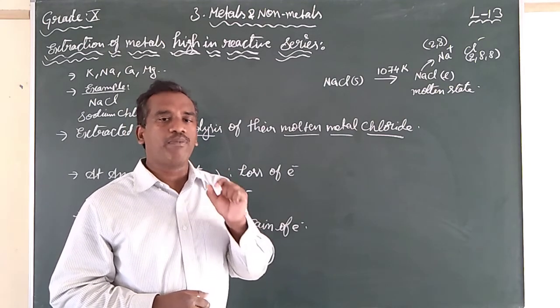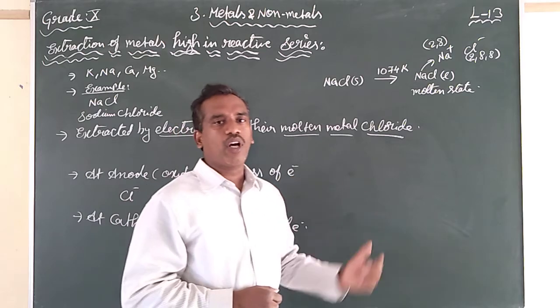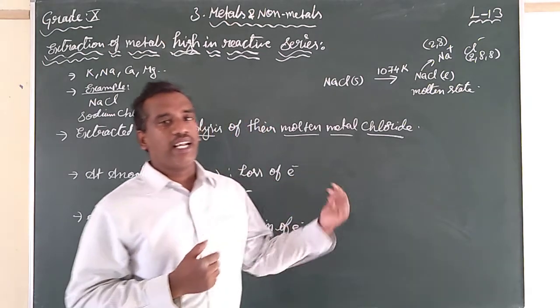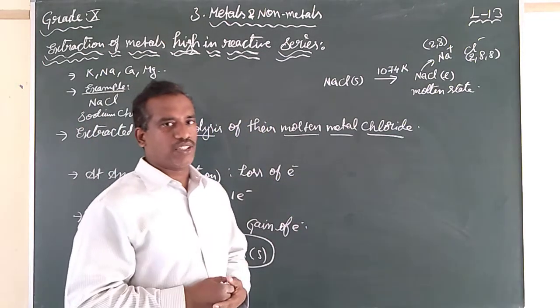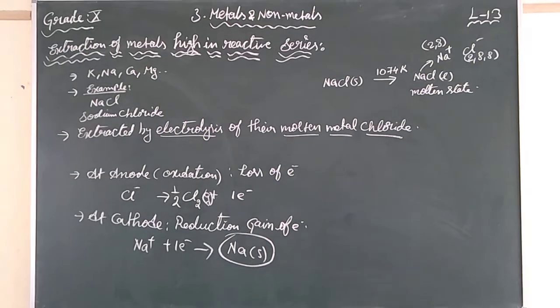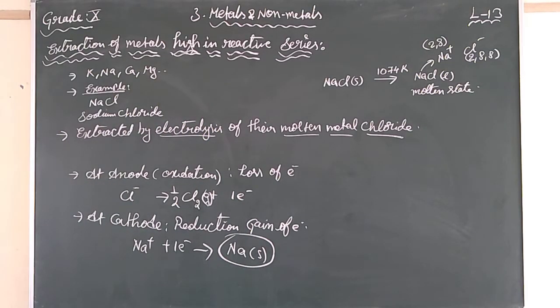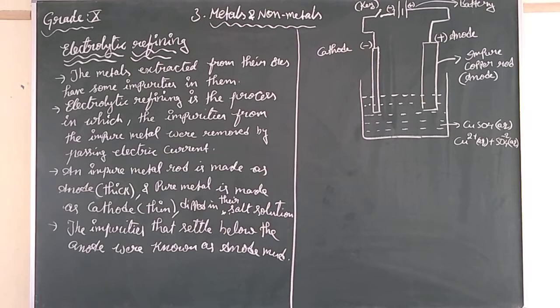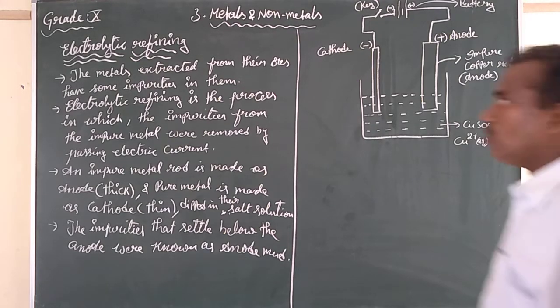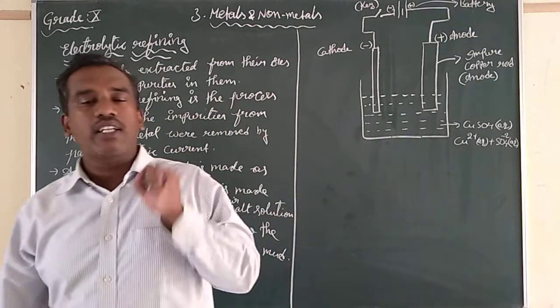Very important for the objective also. So let us go into the topic by first getting the diagram on the board. Then I will give the explanation. Let us see the refining, children.